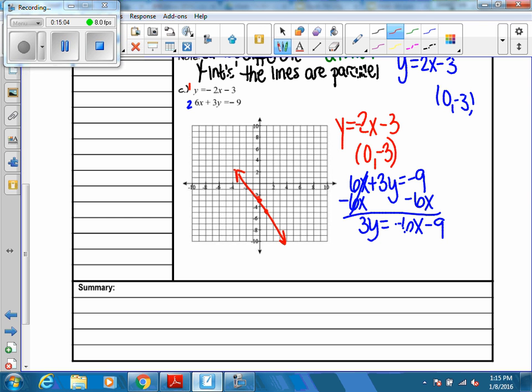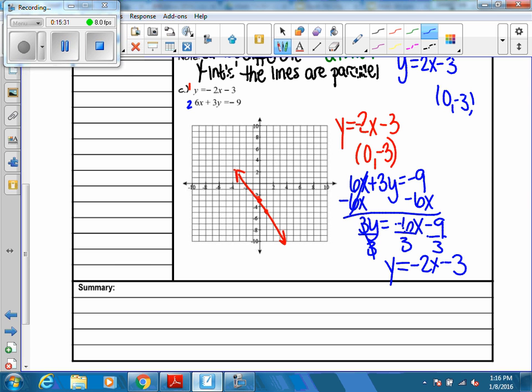So now if I go back to my equation, I was finished solving this one, and now I need to divide by 3 on both sides. When I simplify, I'm going to be left with y equals negative 6 divided by 3 is negative 2x. Negative 9 divided by 3 is negative 3. Now, if you pay attention, I get the exact same equation that I get in equation 1.